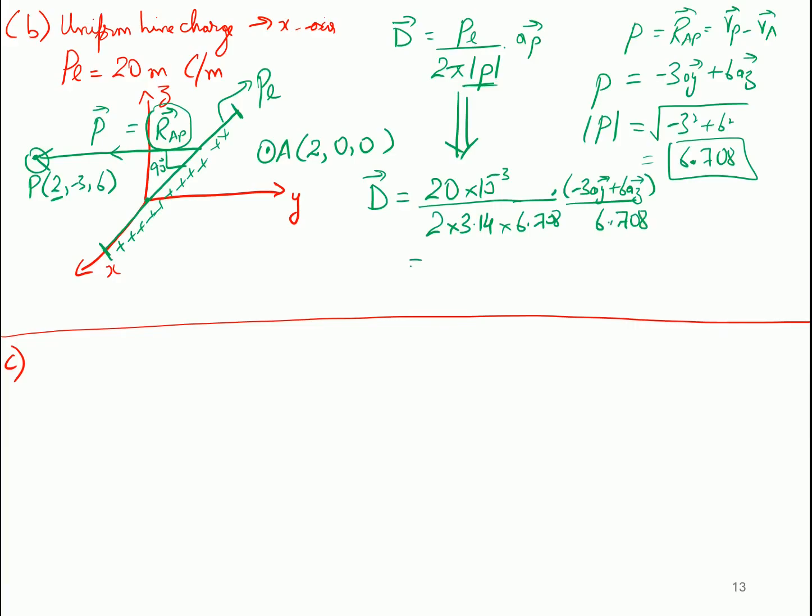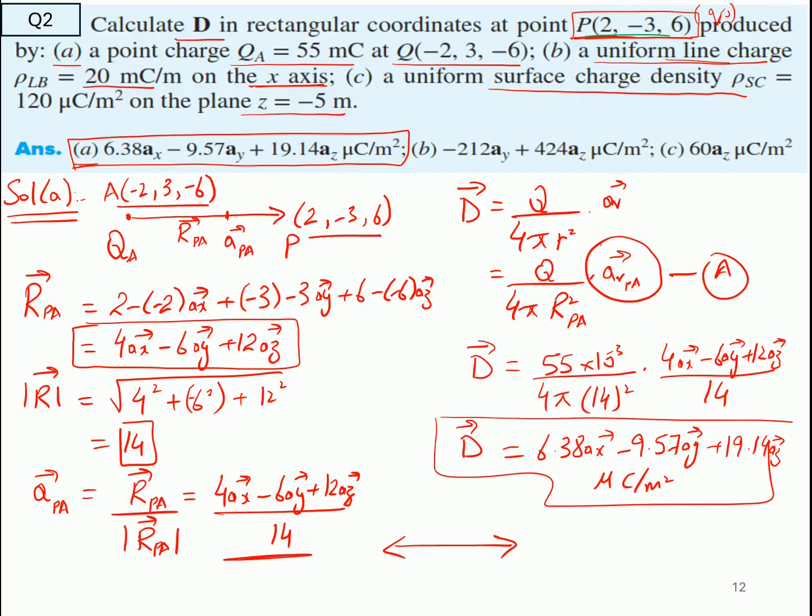So now the answer comes out to be minus 212 a of y plus 424 a of z microcoulomb per meter square. So this is the electric flux density for this problem, and let us confirm the answer. It is the same as minus 212 and plus 424 a of z.